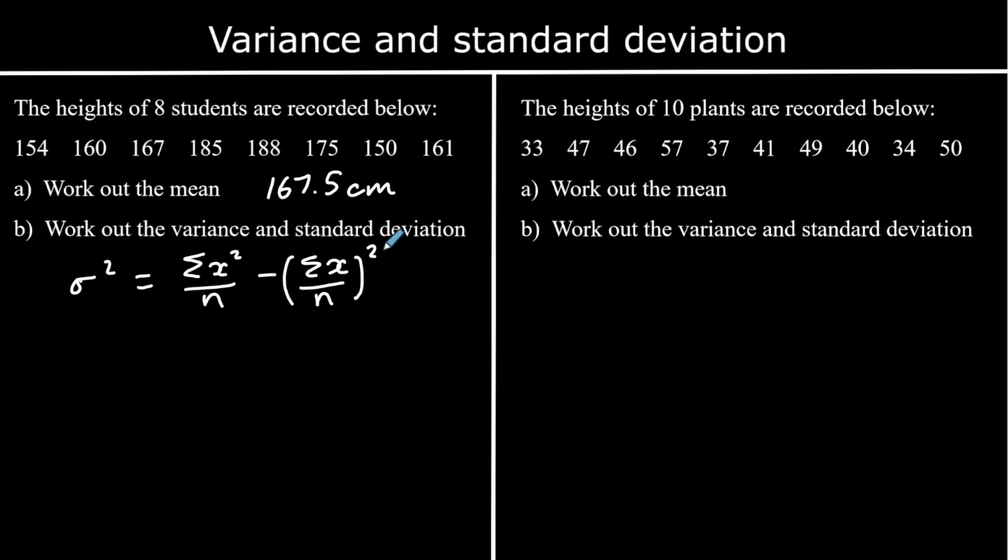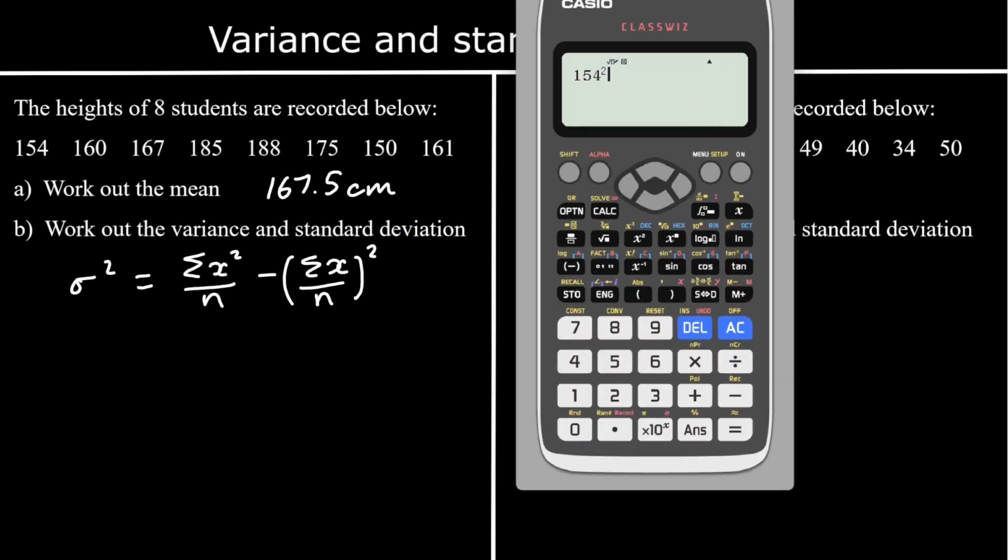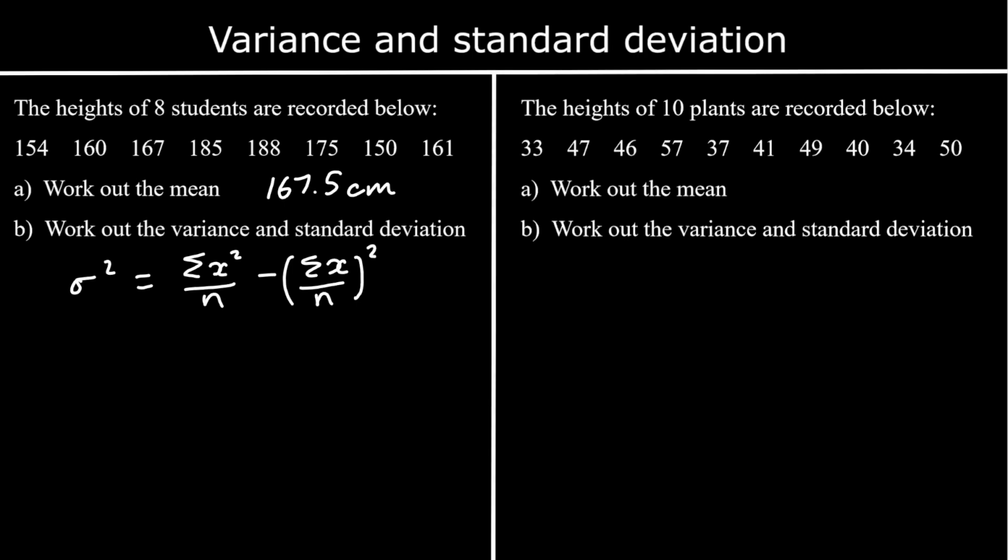So we're going to have to work out what all of the numbers squared and added together is. And that is 225,820. So it's going to be 225,820 over 8, take away the mean squared, which is 167.5 squared.